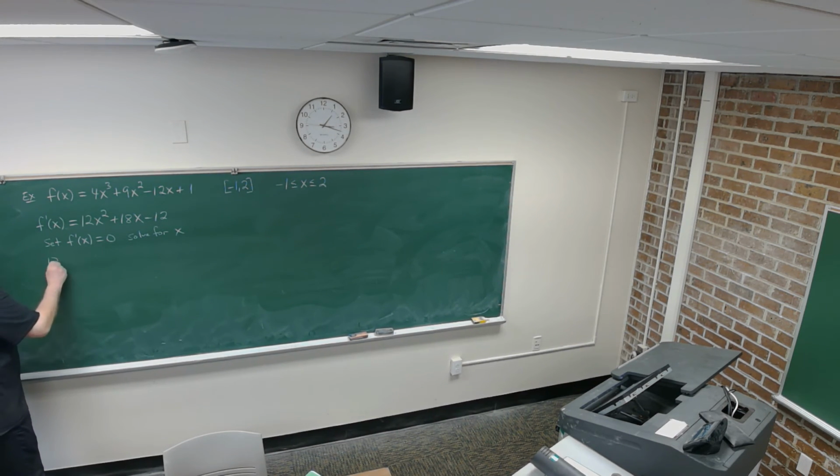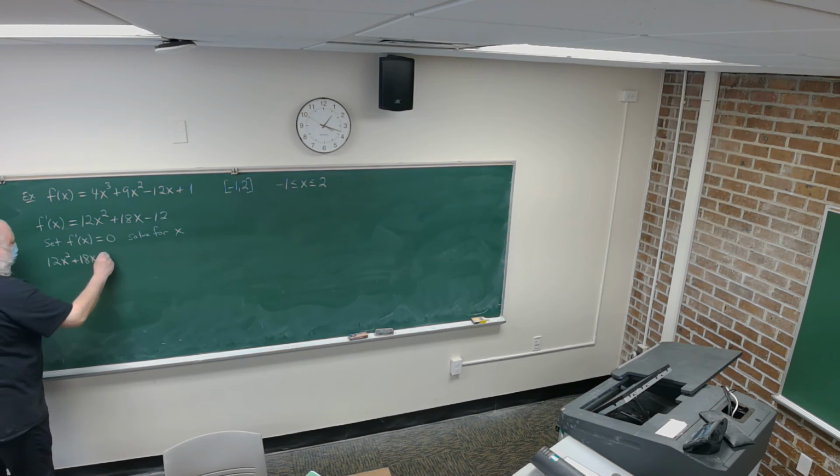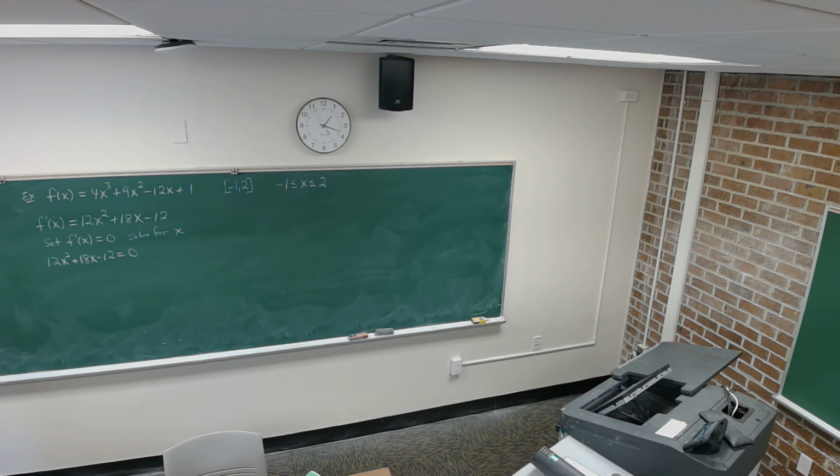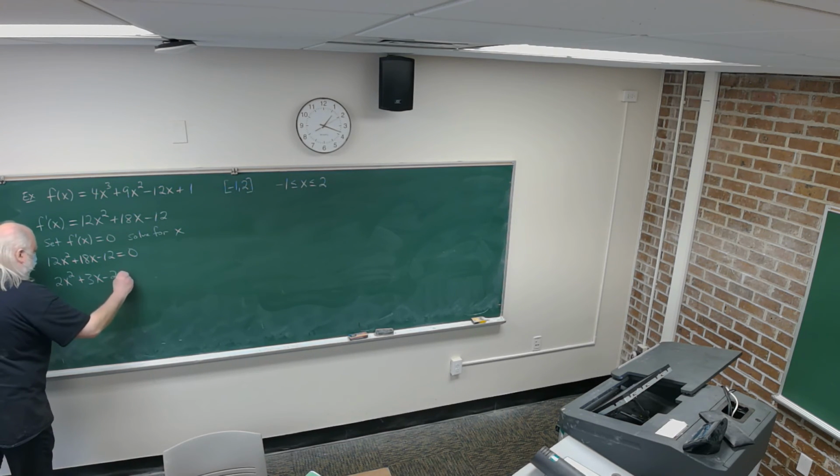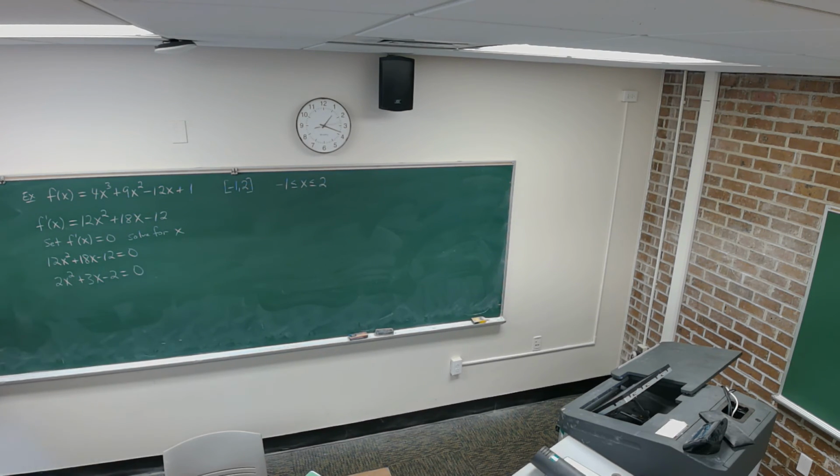So we have 12x squared plus 18x minus 12 is equal to 0. 12 and 18 are both divisible by 6, so I'm going to divide all three terms by 6 to simplify the problem. And I have 2x squared plus 3x minus 2 is equal to 0. Now it's quadratic.